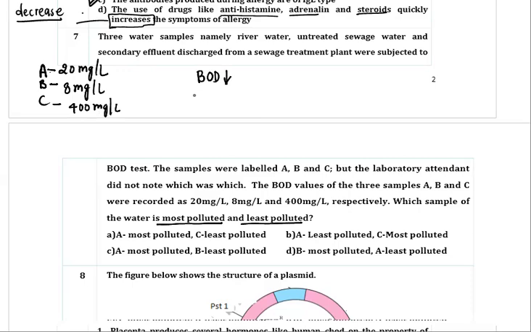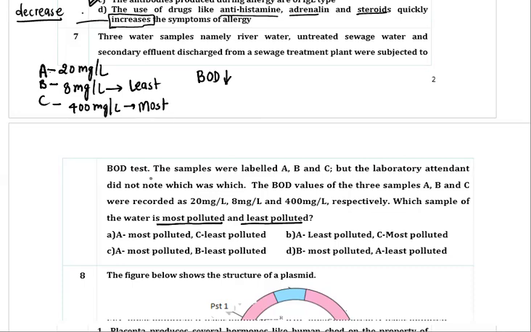And the water which has the maximum biological oxygen demand is the most polluted one. So if you see this information, you will understand that this is the least polluted and this is the most polluted.